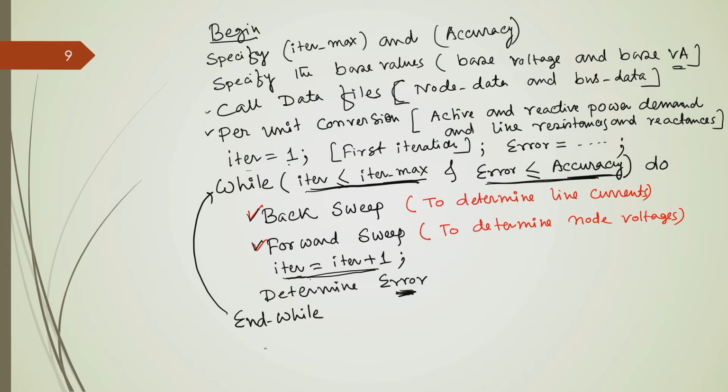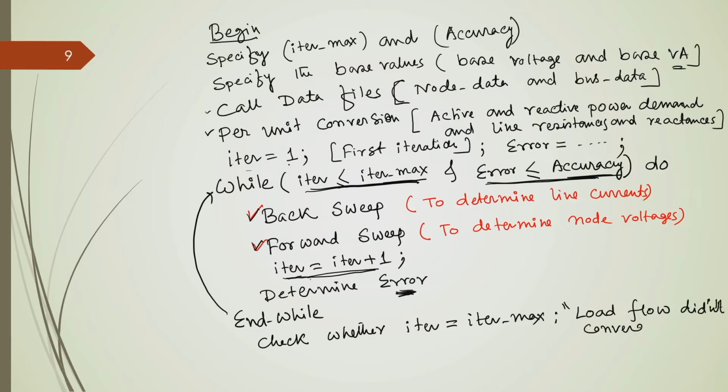Okay. After this termination, you check whether ITR is equal to ITR max. If it happens, then we will declare that the load flow didn't converge. That means we did not get the convergence.